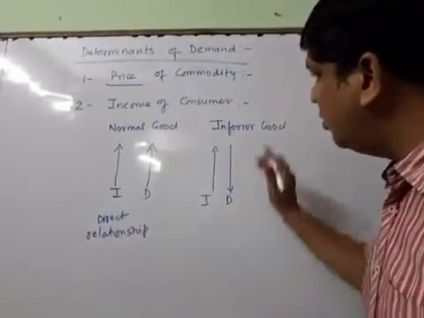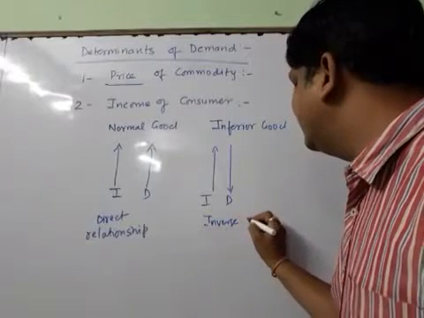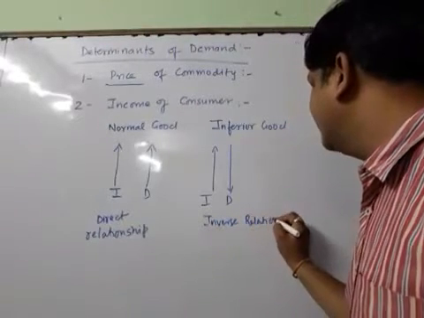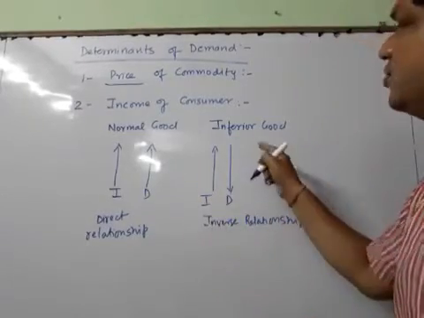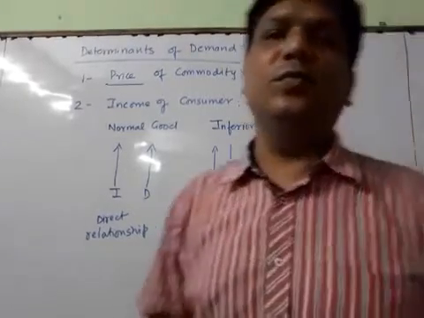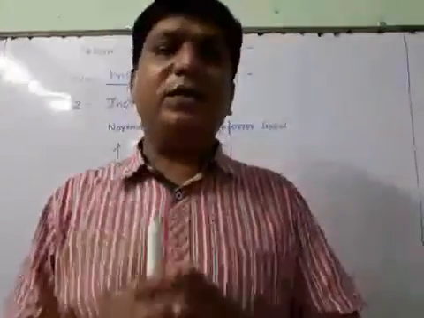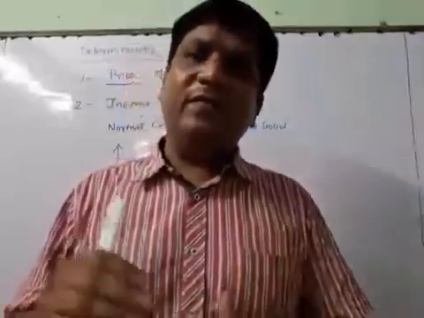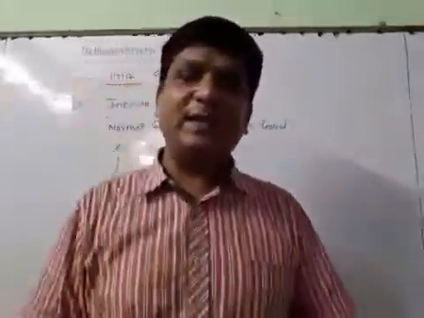But in case of inferior goods, there is an inverse relationship between income and demand. Why is it so? Why does the demand for inferior goods decrease when income increases?